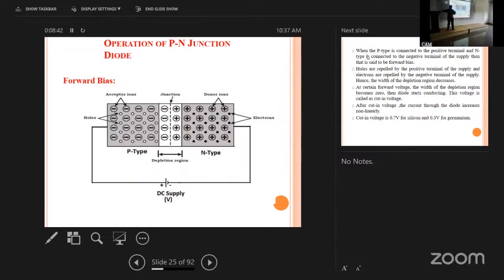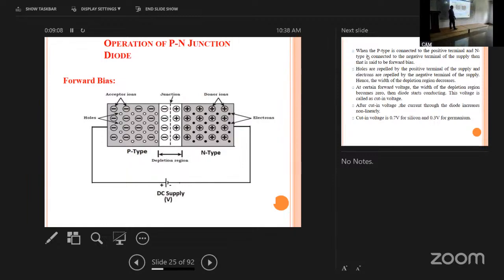I am increasing the voltage: 0, 1, 2, 3, 4, 5, 6, 7. What happens? Like charges repel. Plus and plus, what happens? Like poles repel. Whenever plus comes, it repels. So like charges will repel.